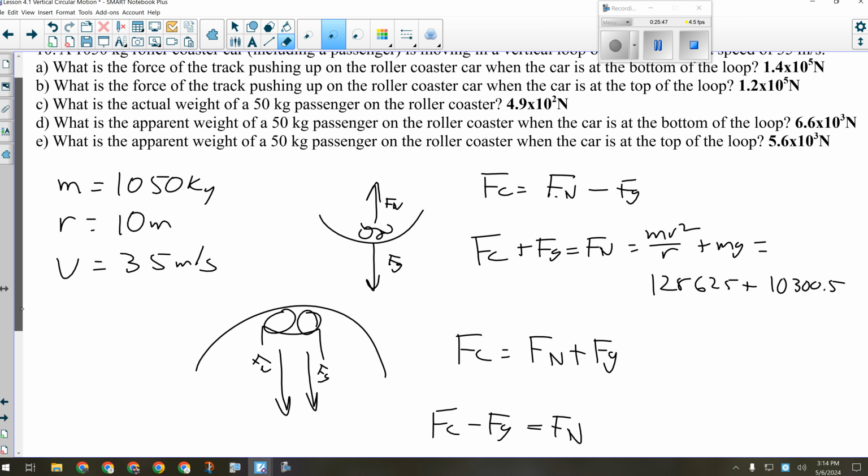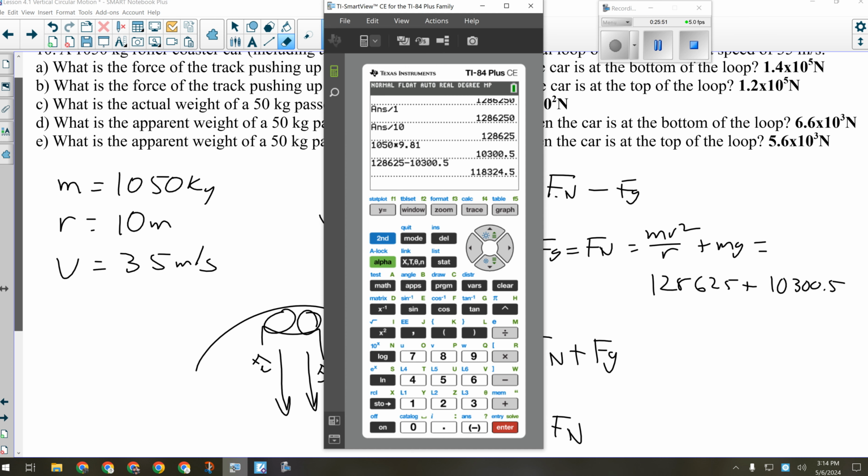Okay, so we're looking for this, so we're going to take our FC and add our FG for that one. Okay, so that's going to be 50 times 35 squared, okay, divided by 10, okay, and then we're going to add that to 490.5. Okay, so there we get our 6.6 times 10 to the 3 newtons.